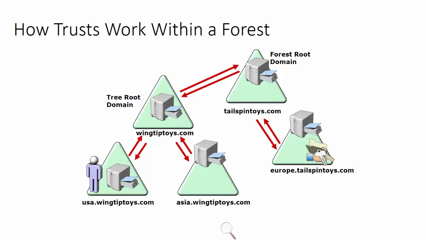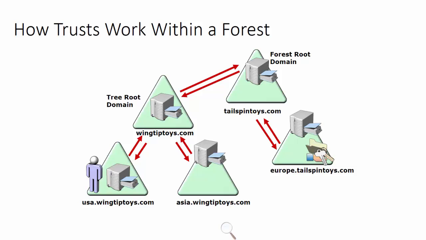Now we understand it's a tree domain, so we come to the conclusion this is one forest. There are different child domains, but we have one big tree domain. So it is one forest, two trees.